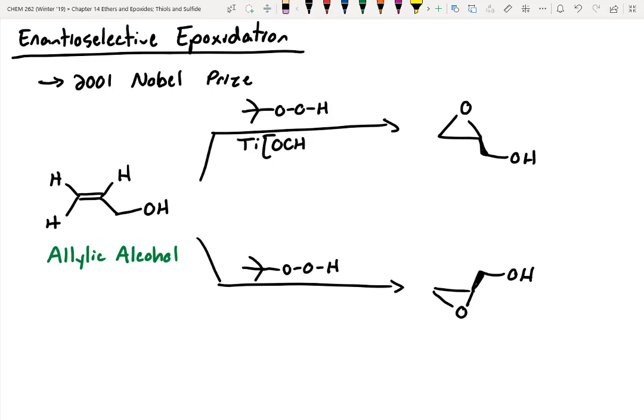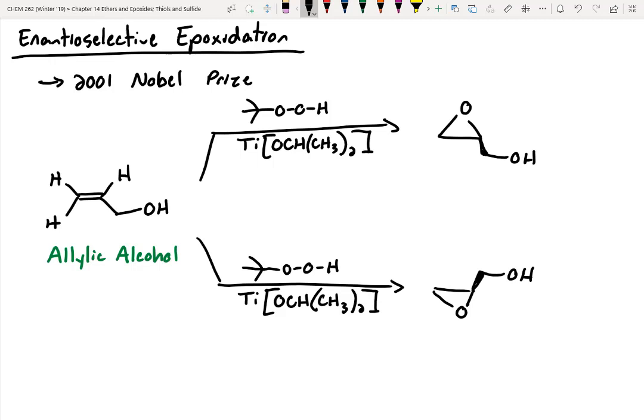Let me clean this up. In both situations, however, the only way we can transfer chirality from one molecule to another is for that molecule to have chirality in and of itself.